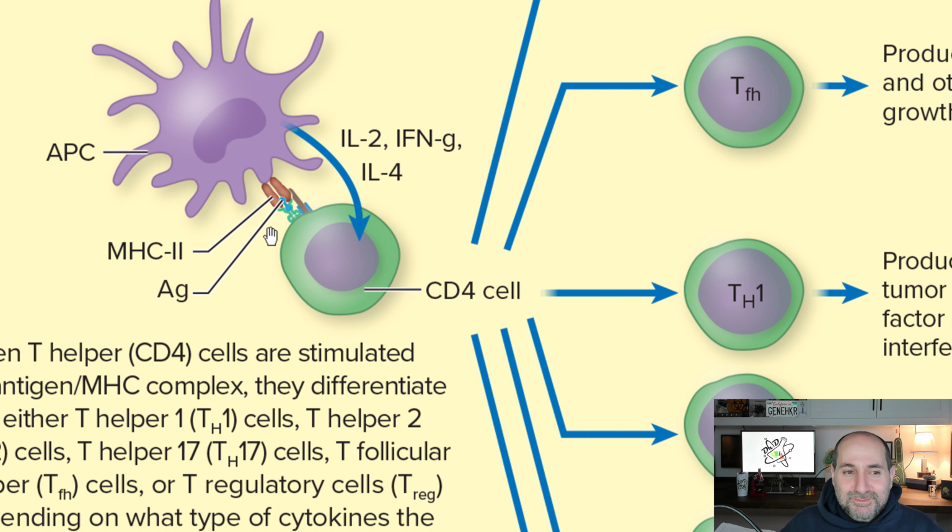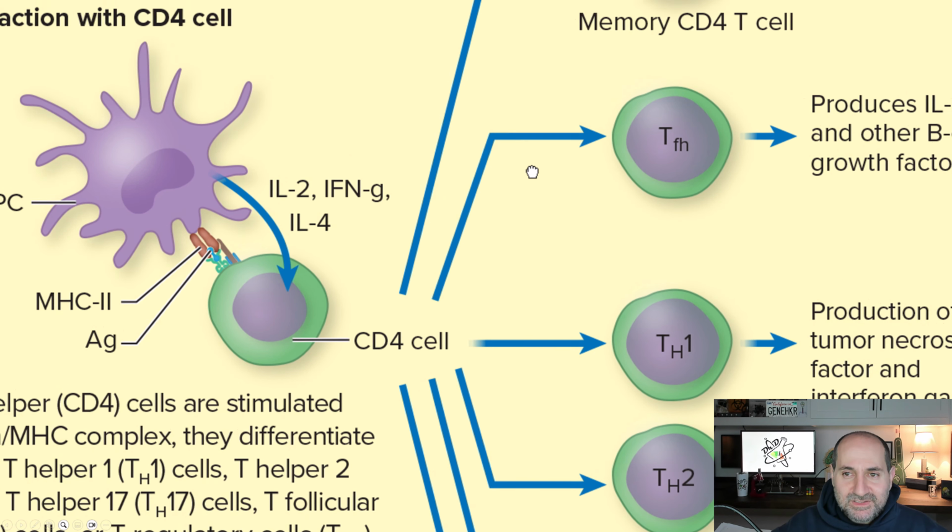All right, do you remember how MHC2 works? A professional antigen presenting cell will present antigen on MHC2, and it's the helper T cells, the CD4 positive helper T cells that recognize that foreign antigen on MHC2 on professional antigen presenting cells. This is what activates the helper T cells. And remember what the helper T cells do?